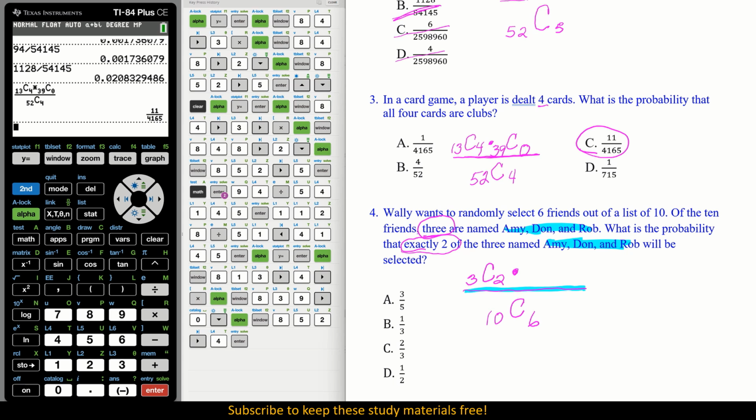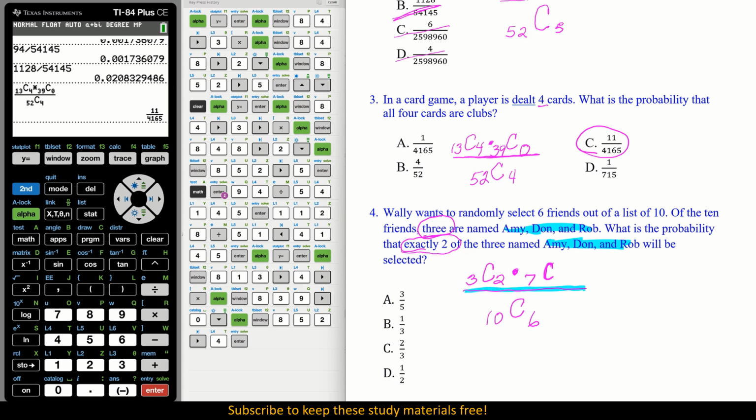We're looking at the probability of 2 of them. Now what's left over? Well, we had 10 originally. We're going to take 3 of those. So we know we have 7 other people we're not looking at a probability for them. So that's an undesired or unsought out occurrence, but it could occur.